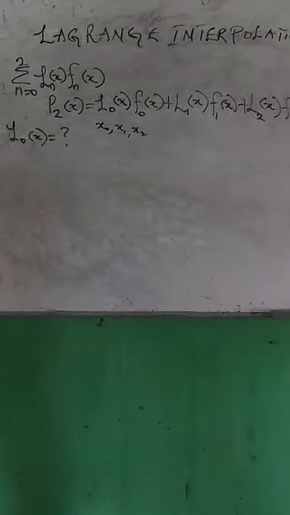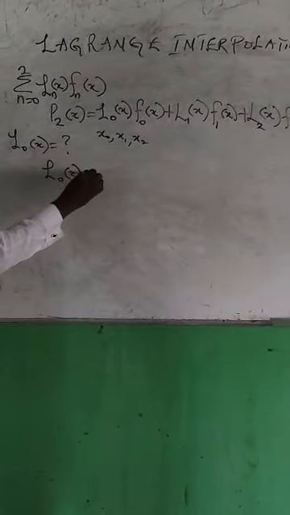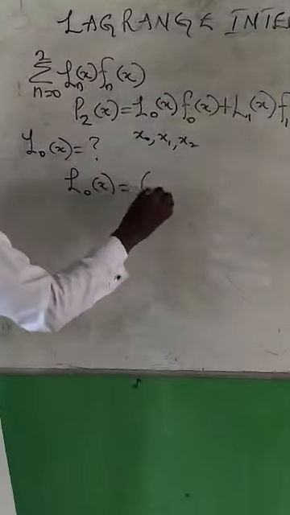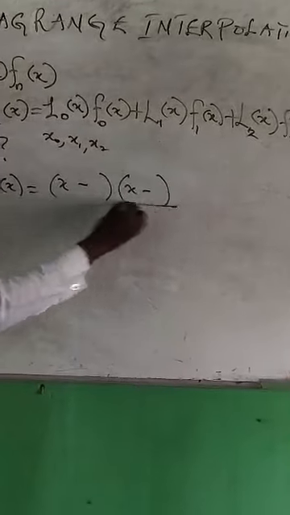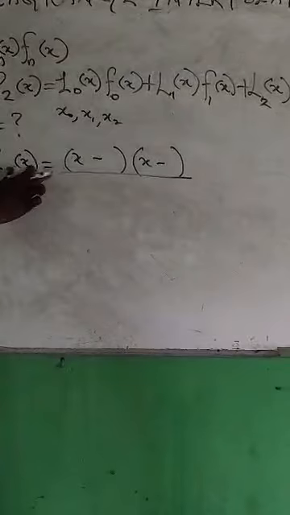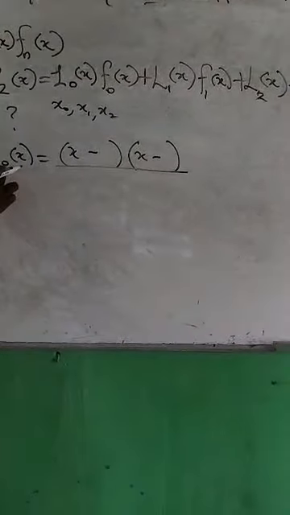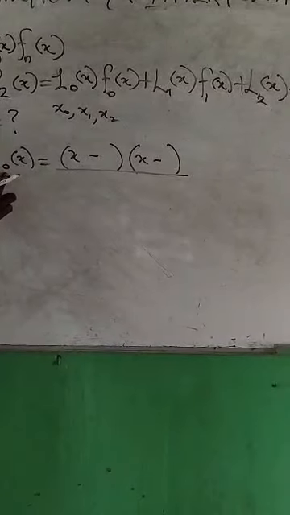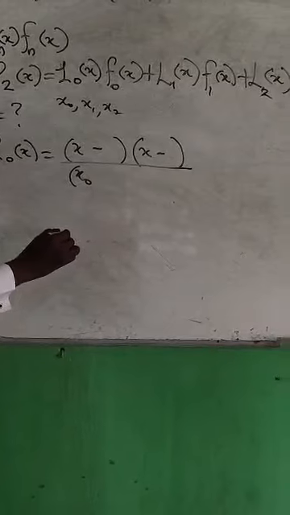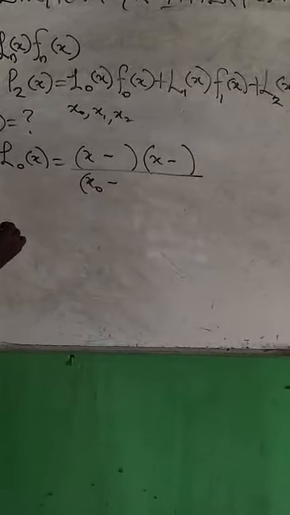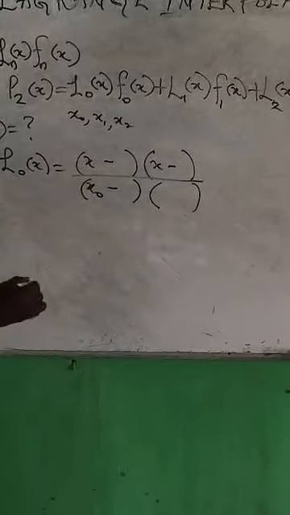Take note. Now, L naught generation: we have x minus, we close, x minus, we close. The base value determines the preceding terms in the formula. L subscript naught is here, so the base value here should be x naught minus, you open and close.